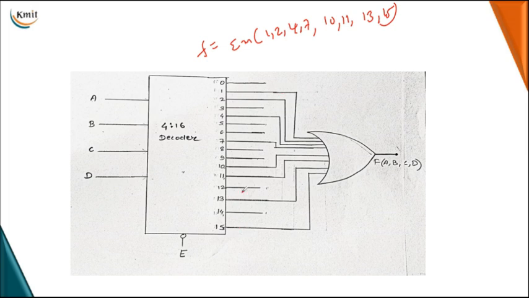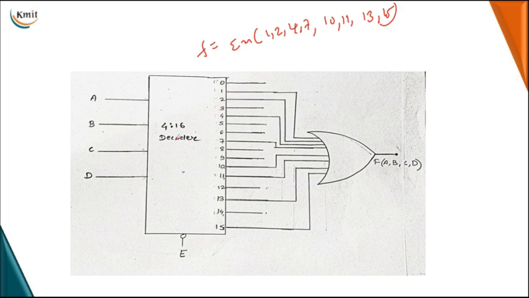As it has 16 outputs, we have to connect all the outputs which are inside the parentheses to the OR gate inputs. Hence here we connected the first output terminal of the 4:16 decoder, the second output terminal along with the fourth output, 7th output, 10th, 11th, 13th and 15th output terminals as inputs of the OR gate. This OR gate now will give you the summation of all these minterms.